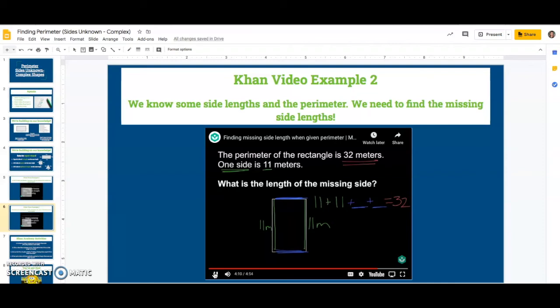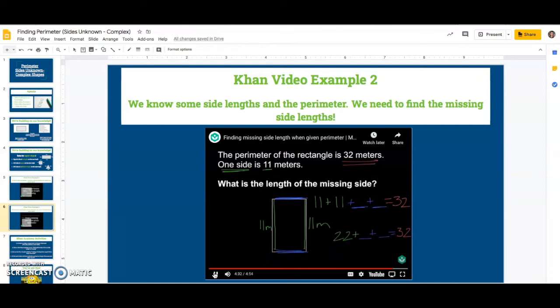So let's add the 11s. 11 plus 11 is 22. So 22 plus how many more gets us to 32? Well, 22 plus 10 more is 32. But if we label one of these sides as 10, then the other one would have to be 0. So they have to be equal.